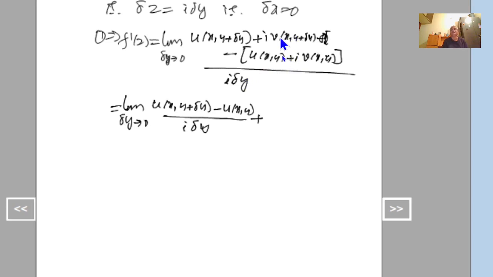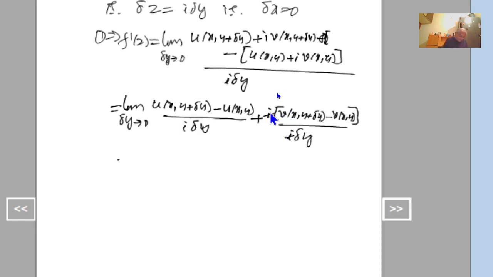Next I will take this term here, i into v of x comma y plus delta y minus i common factor, v of x comma y, divided by i into delta y. So here in this case, i gets cancelled. Okay, I will cancel this i and i.